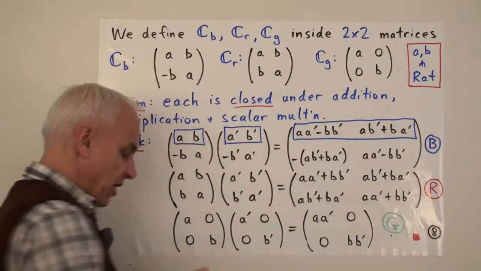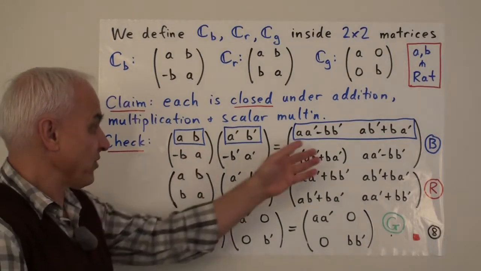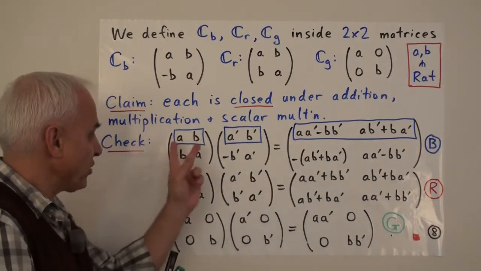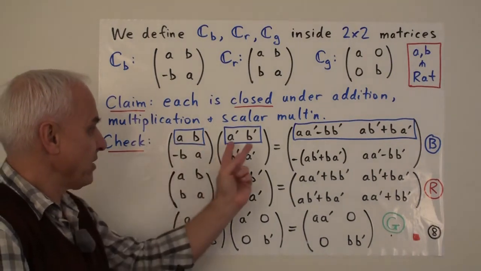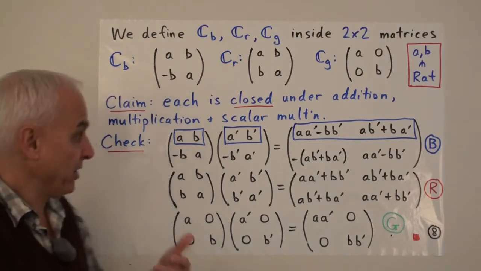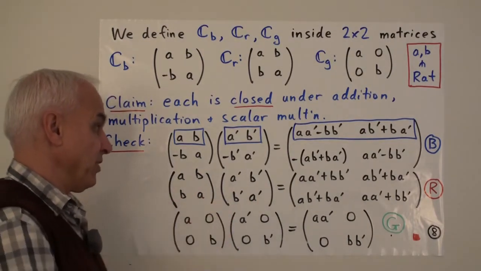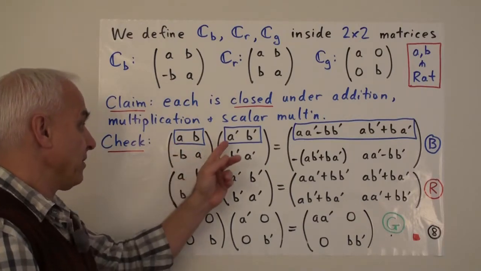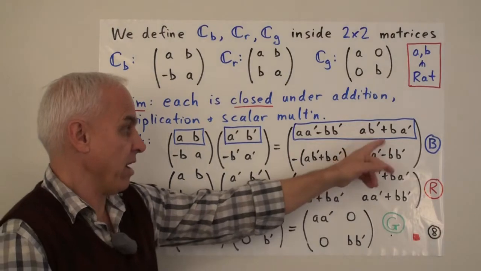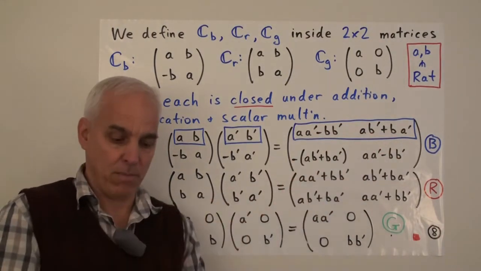Since these matrices are completely determined by their top rows, this matrix multiplication is determined completely by this product of this vector times this vector equals this vector. And here is essentially the more familiar complex numbers that perhaps you're used to, that (a, b) times (a', b') is (aa' minus bb', ab' plus ba'). That's the more familiar vector form of complex numbers.